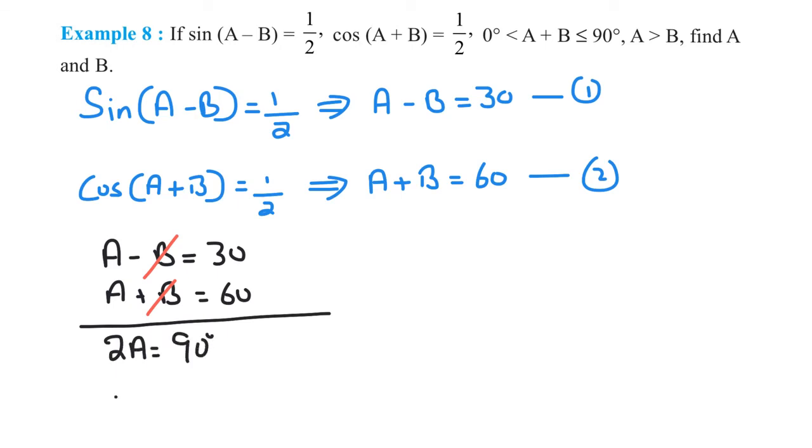Therefore, A is going to be equal to 45 degrees. If A is 45 degrees, what will B equal to? If A plus B is 60 and A is 45, so B is going to be 15 degrees. And since A is greater than B, so we have figured out A is 45 degrees and B is 15 degrees. Excellent work.